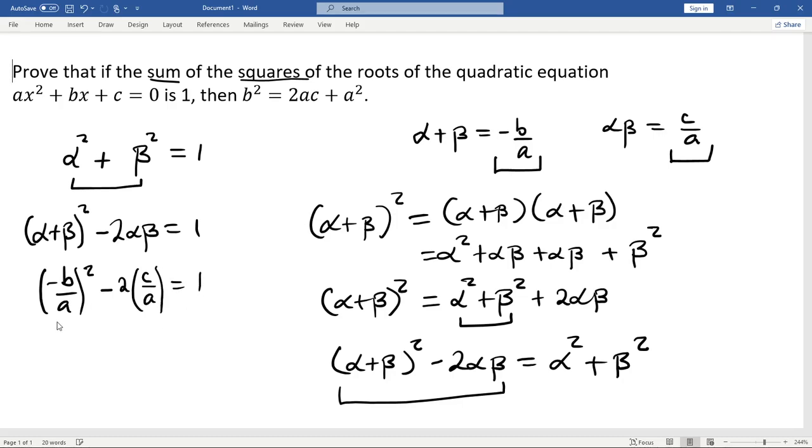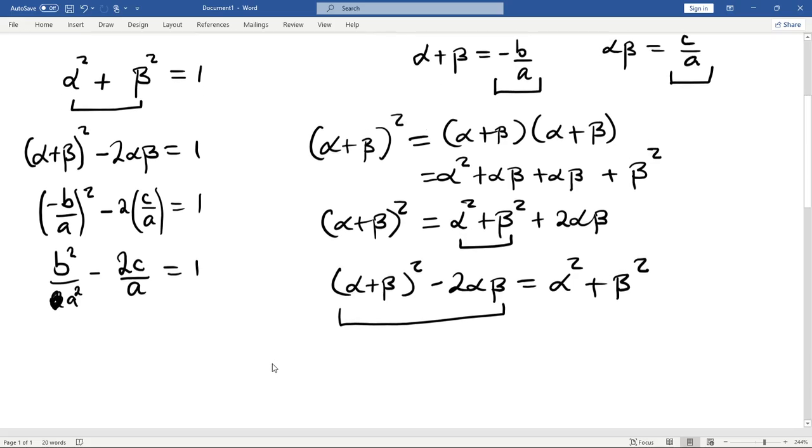Then when we get rid of the brackets, we're simply going to have b squared over a squared, not 2a, sorry, minus 2c over a. So this is equal to 1.